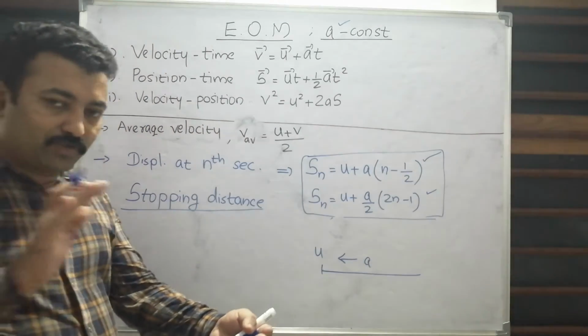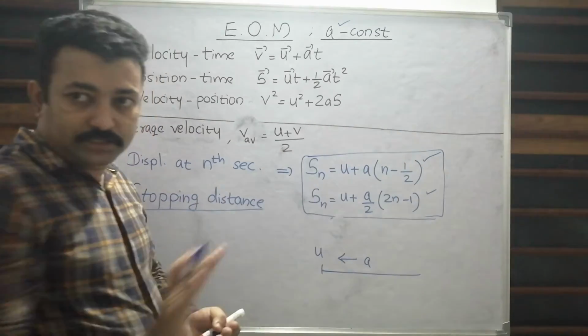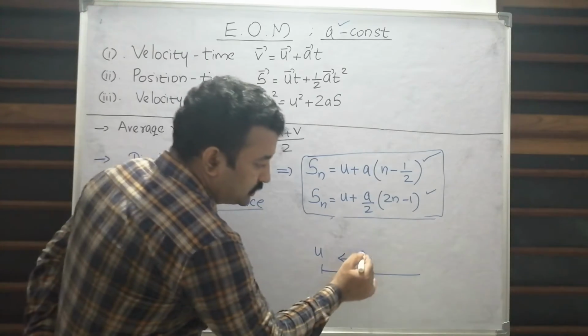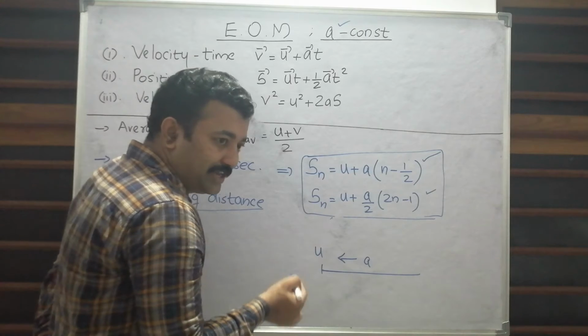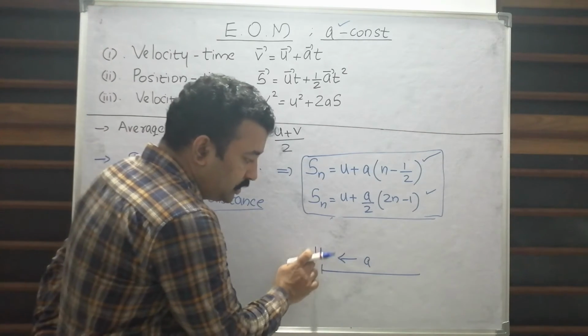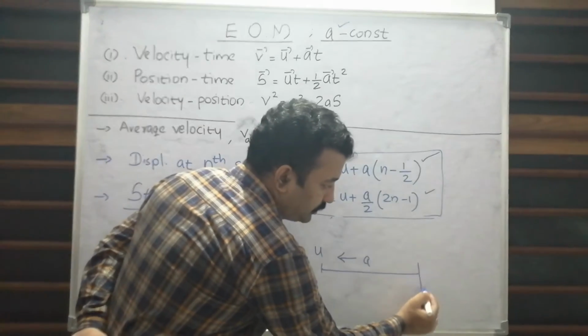Or we can say we apply brakes on a car, or apply some force against the body which is coming. These are known as retarding forces, and this type of acceleration is known as retardation, negative acceleration or deceleration. What will happen to the object? The u will decrease continuously, and ultimately it will come to a stop.